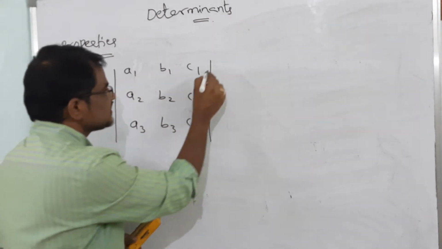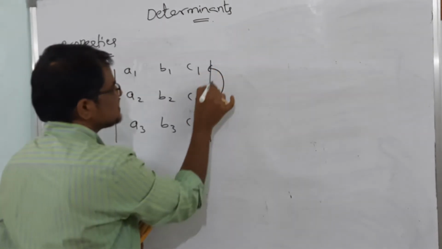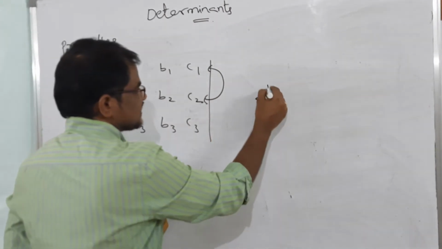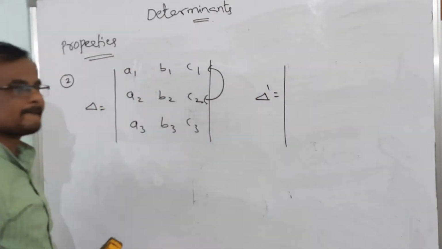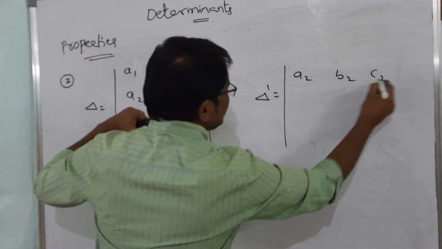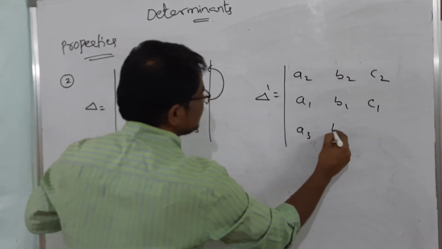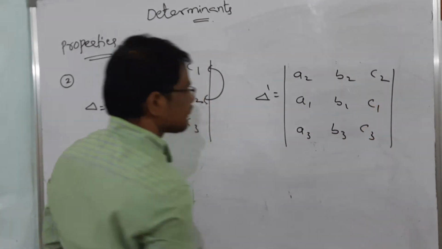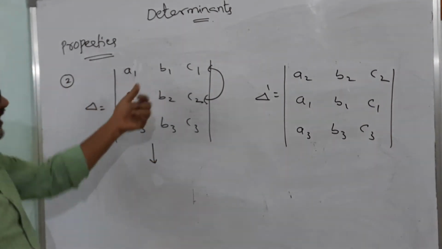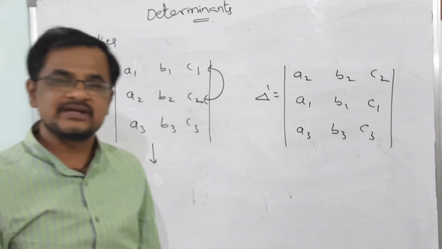And if this is R1, this is R2, this is R3, suppose you interchange these two, so that is delta dash equal to what? Here A2, B2, C2 comes, here A1, B1, C1 comes, and A3, B3, C3 is there. If you simplify along the first row, second row or third row, you already know how to take the determinant of the 3 by 3 matrix.